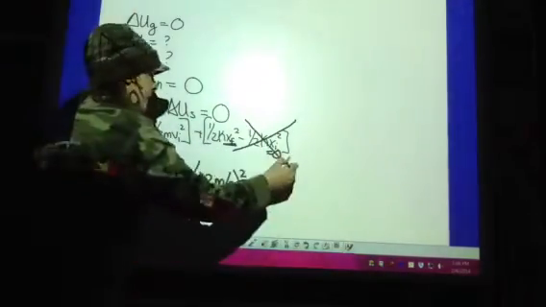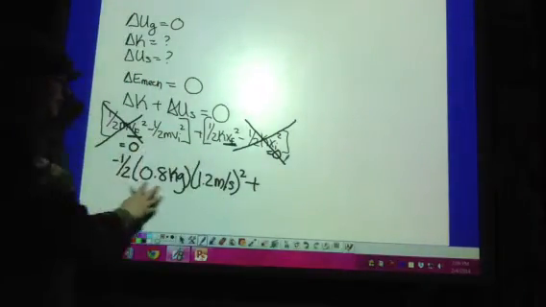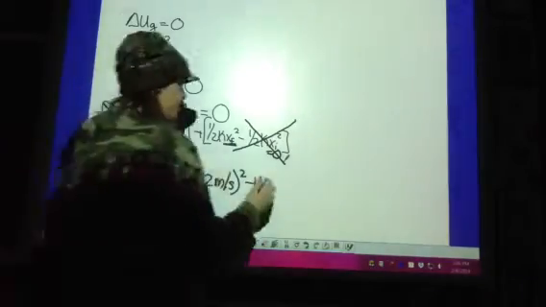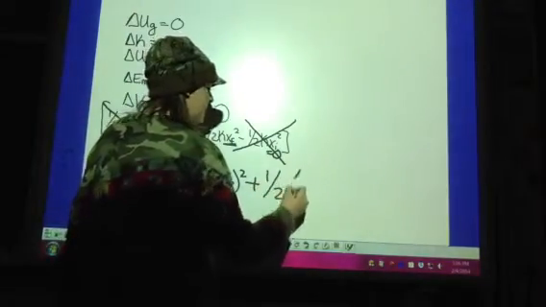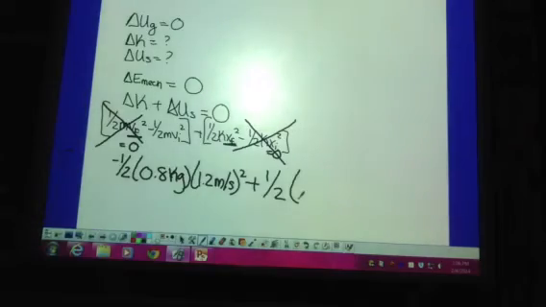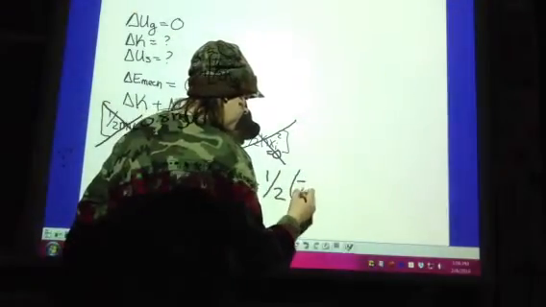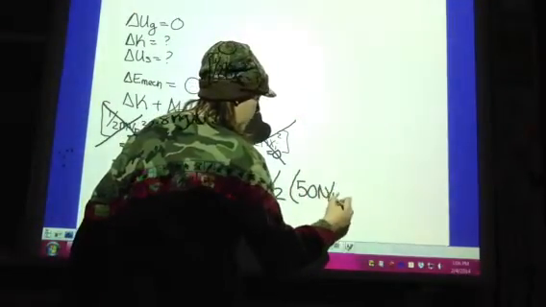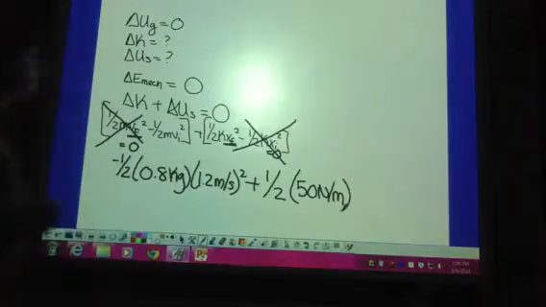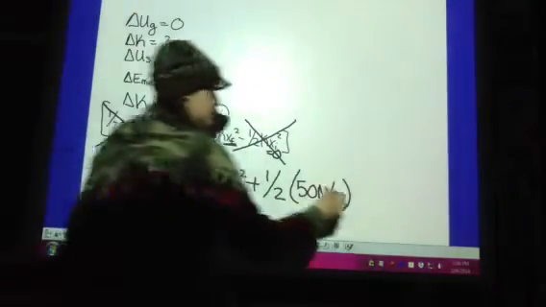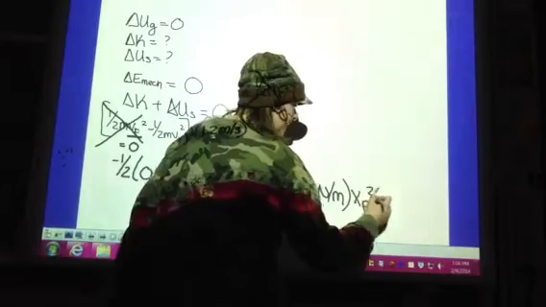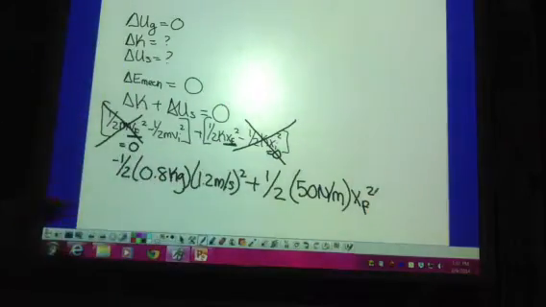So now that's gone. I'm going to have part then of my kinetic energy here plus the 1/2. They gave us that k constant, I think that was 50 Newtons per meter. And times x sub F squared, and that x sub F is what we're trying to find.